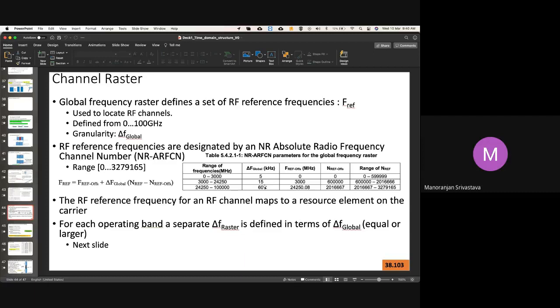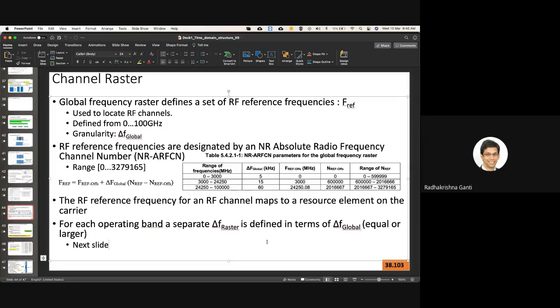If a device supports multiple bands, what step size will it take for synchronization? That's actually a very good question. Suppose your device does carrier aggregation of two bands. Then the primary band, the primary cell band, is what is used for synchronization.